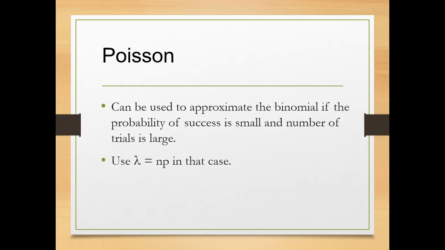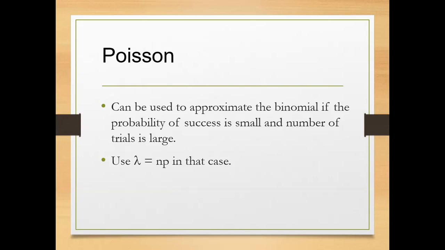Poisson can be used to approximate the binomial if the probability of success is small and the number of trials is large. Now remember, lambda was the expected number of observations, so lambda is the expected value of this thing. If I'm going to use this to approximate the binomial, it's because computationally the Poisson is usually pretty easy to compute probabilities for, whereas the binomial is complicated.